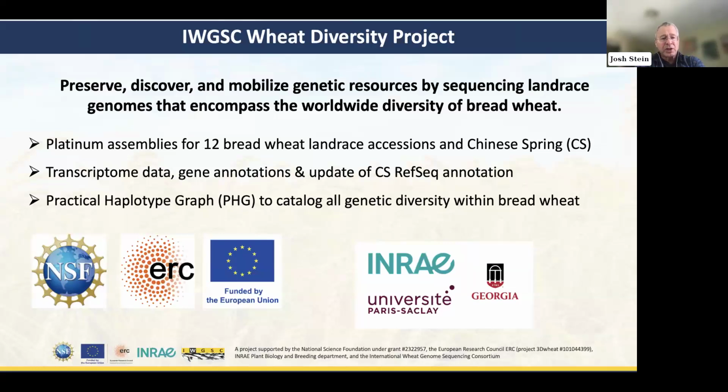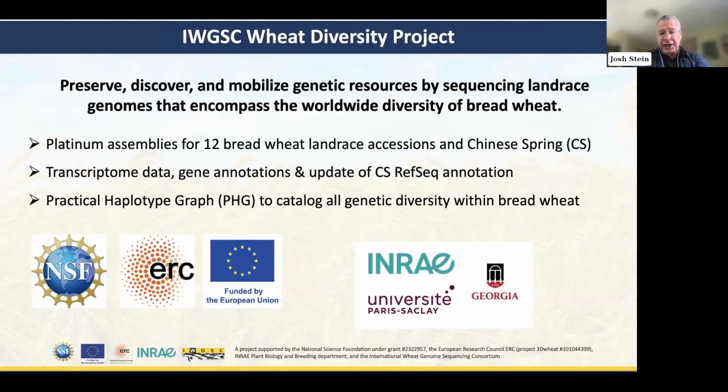With that, we will also be producing transcriptome data, gene annotations, and an update of the Chinese Spring RefSeq, both the RefSeq and annotation. Finally, these data will be used to build a practical haplotype graph, a tool that will enable us to catalog all the genetic diversity within bread wheat.